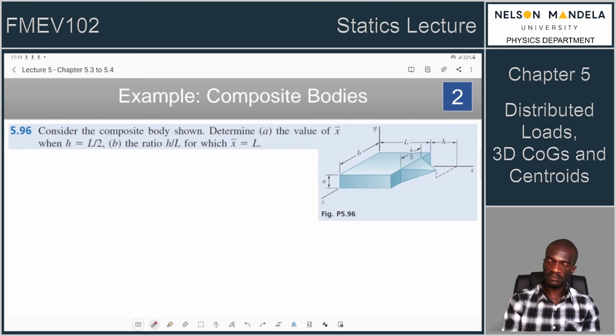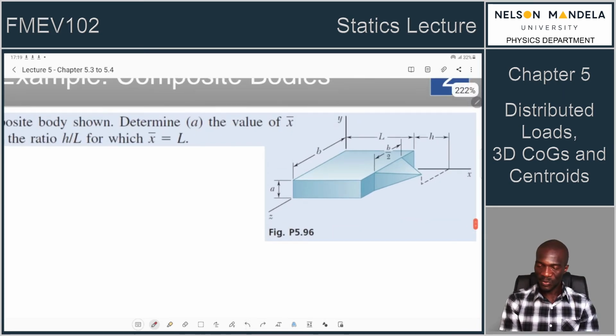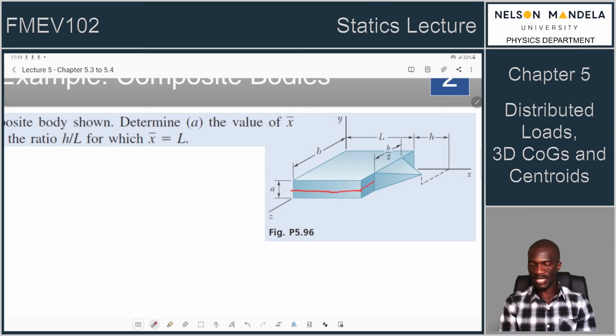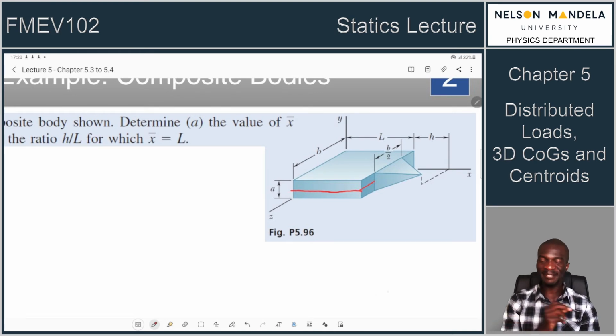So if we want to find the x bar, fortunately in this case we have symmetry. How many planes of symmetry do we have? We have a plane of symmetry at this orientation. So this would be the XZ plane, right?